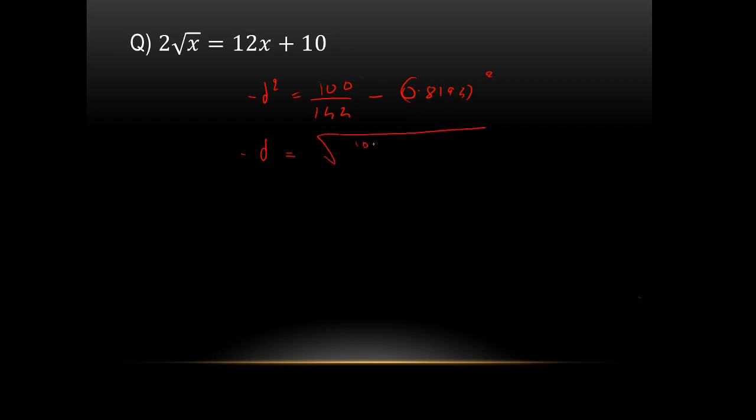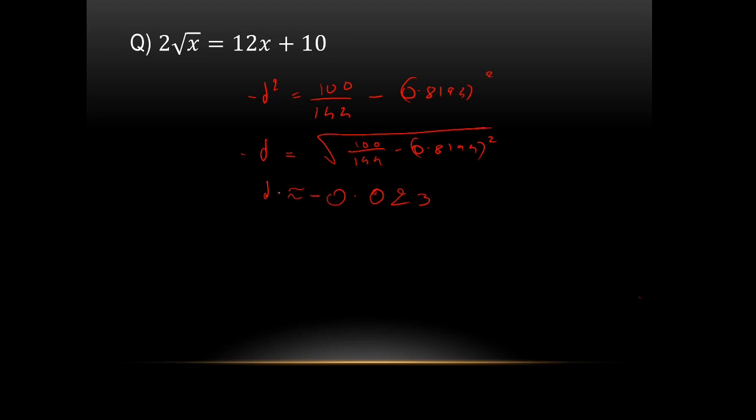So d is equal to the square root of 100 by 144 minus 0.8194 squared. Let us evaluate, and it becomes d is approximately equal to 0.023, so approximately 0.02.